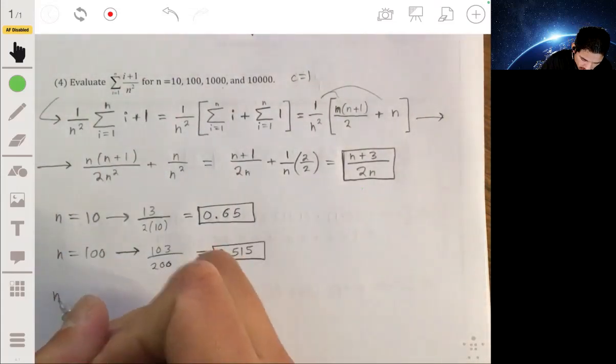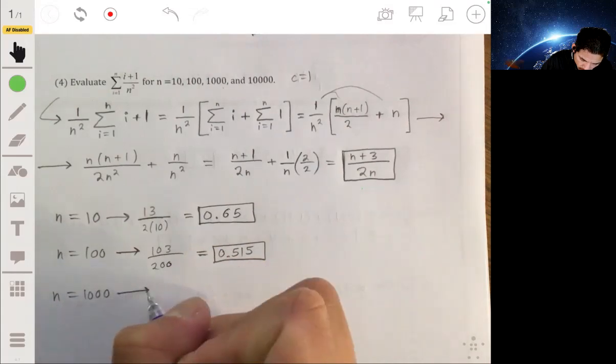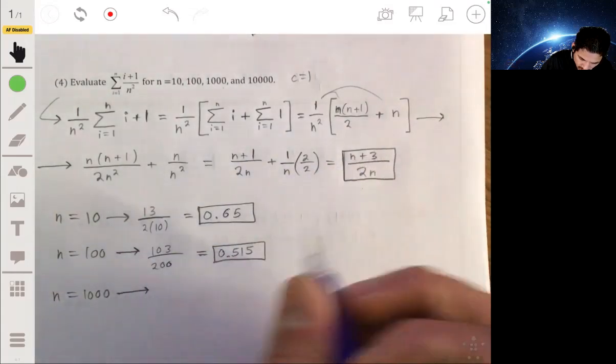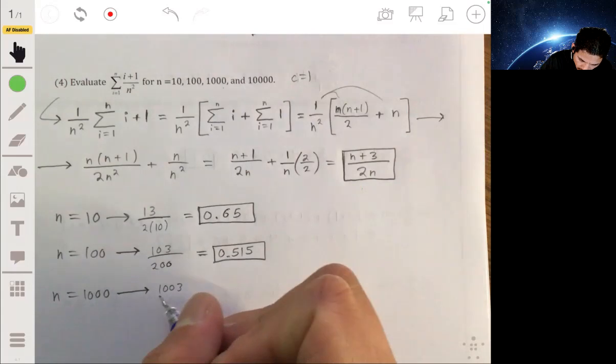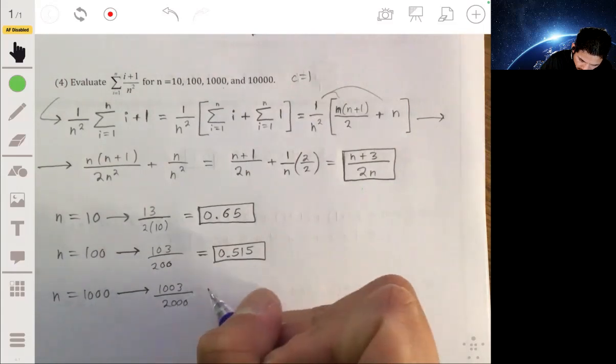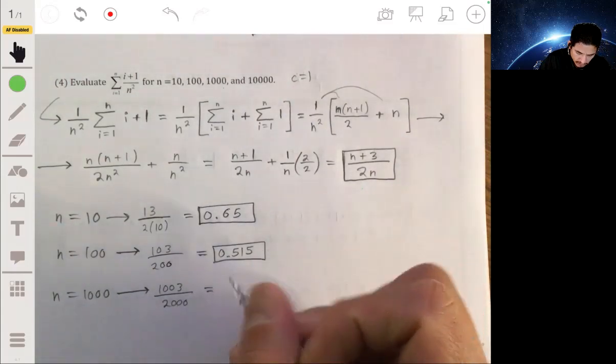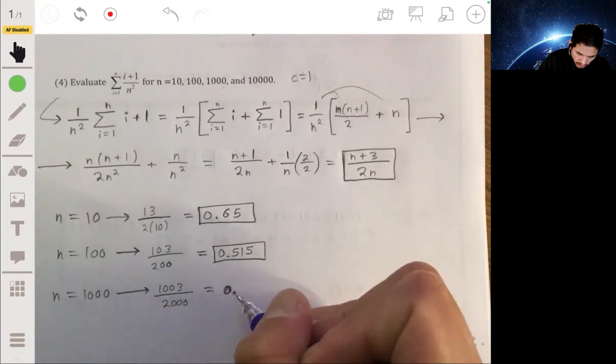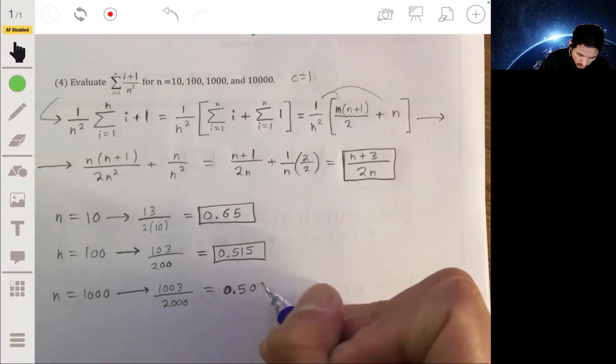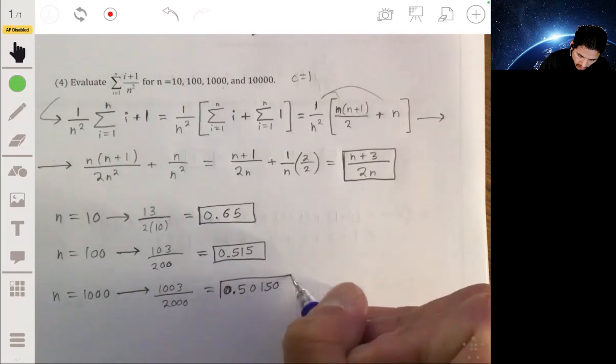Plug in n is 1,000. I get 1,000 plus 3, so I get 1,003 over 2,000. And this would be equal to 0.5015.